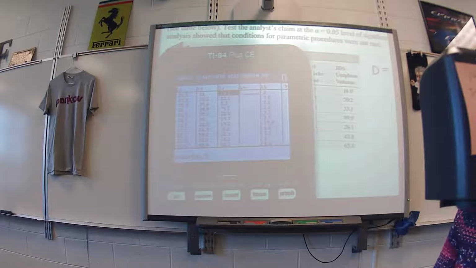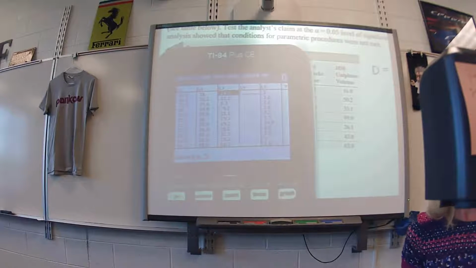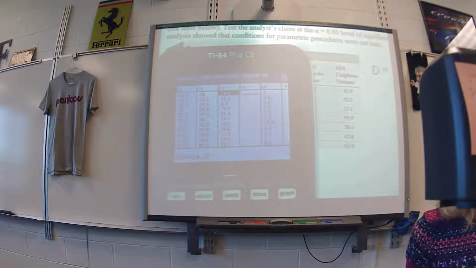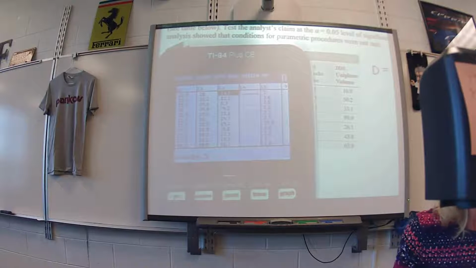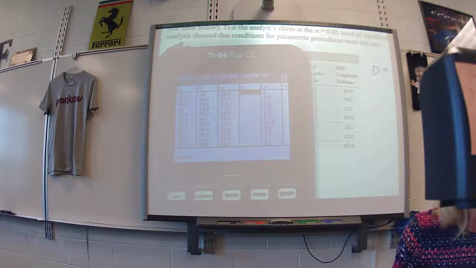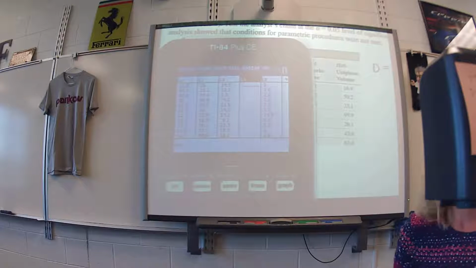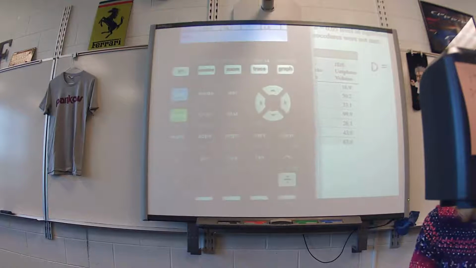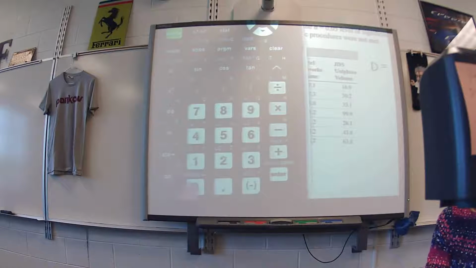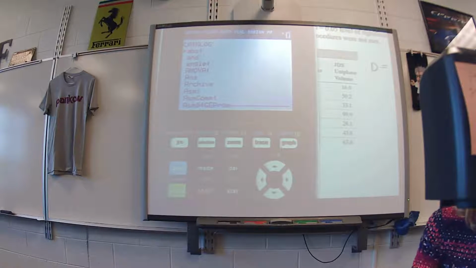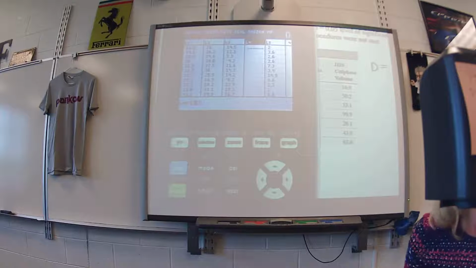So there are the subtractions right there. But in order to rank them, I don't want any negatives. So I'm going to go into the next column and take the absolute value of that third column. On an 84, the easiest way for me to get to absolute value is the catalog; alphabetically, it's the first thing in the catalog. So I take the absolute value of what's in L3.